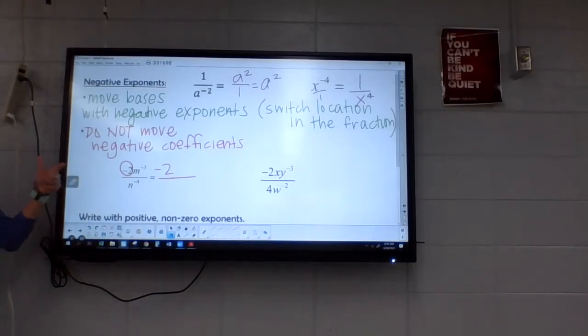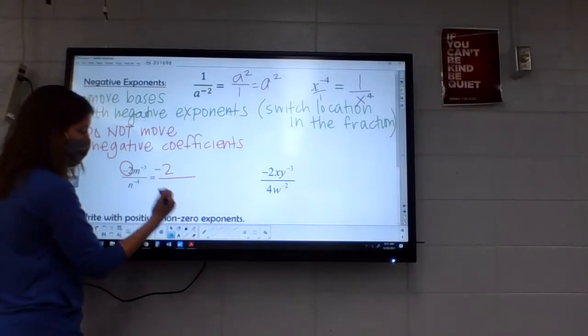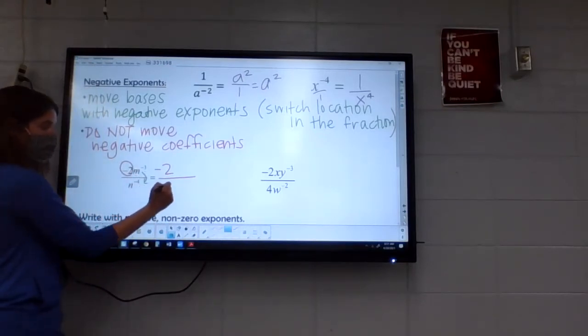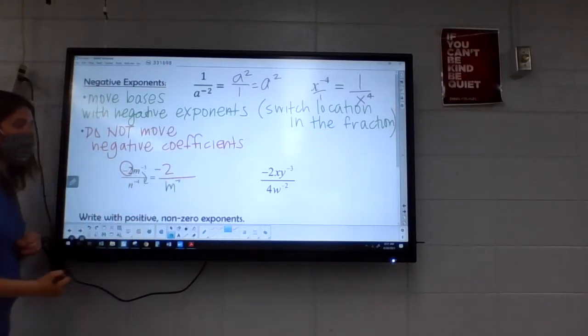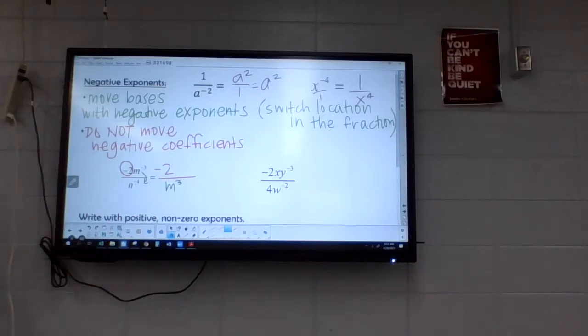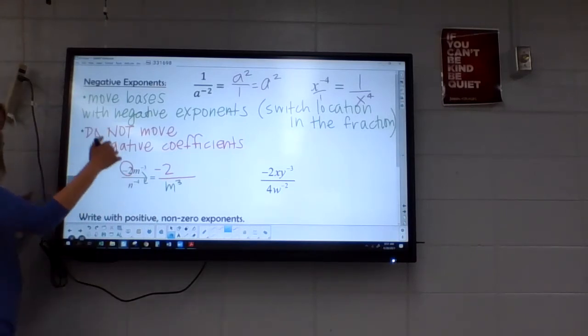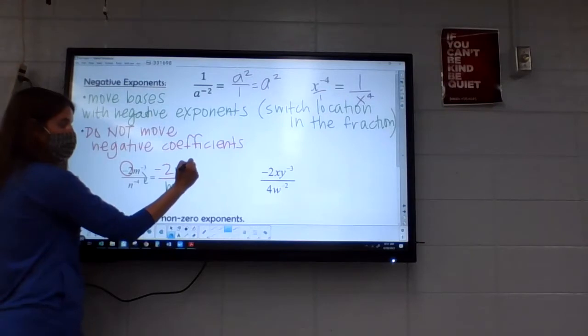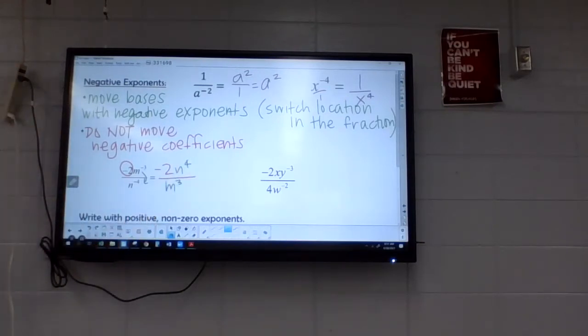However, the other two have negative exponents, so we're going to flip their positions in the fraction. This m to the negative 3 is going to move to the bottom and become positive, so it changes the exponent. The n to the negative 4 is going to move to the top and become positive. So you switch where it's located in the fraction.